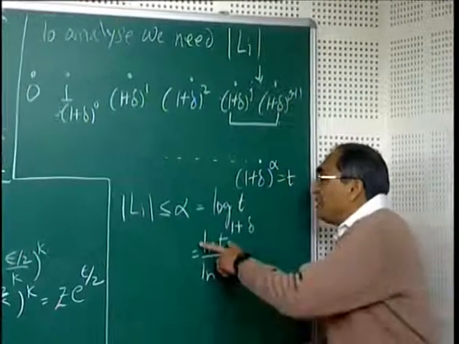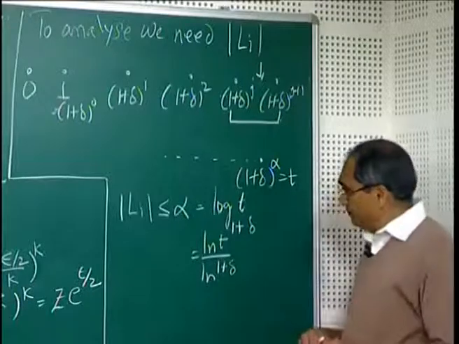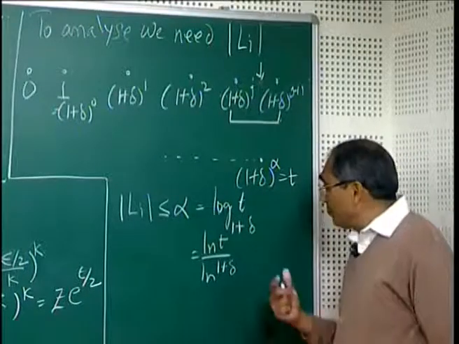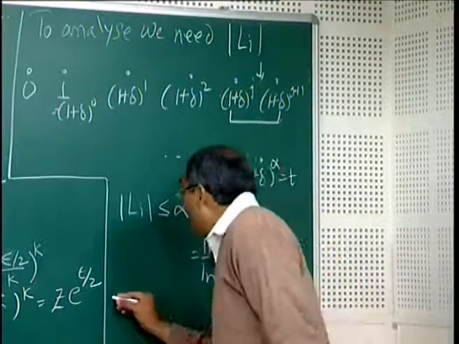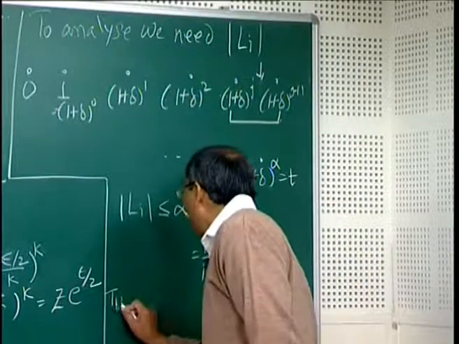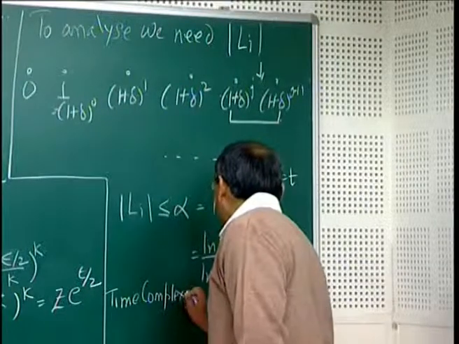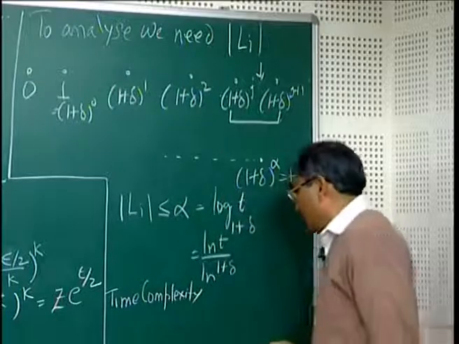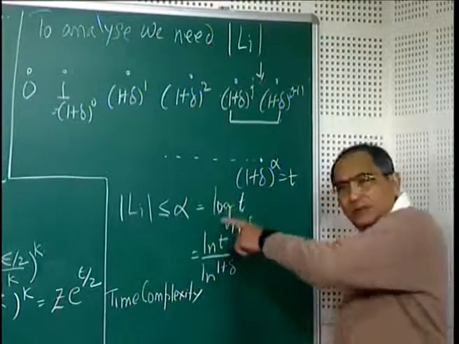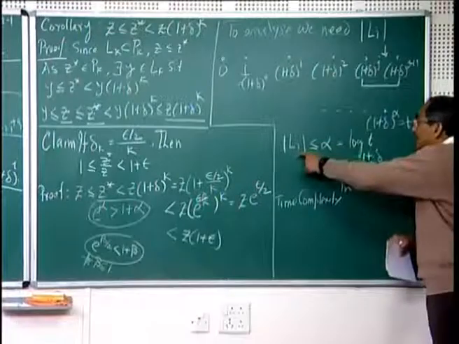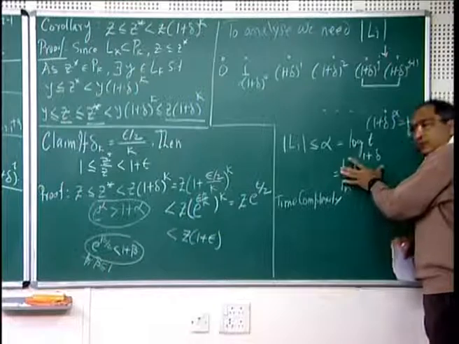So, we are now dealing with a number of the order of the input size, which is important. This is a constant. So, the time complexity must be of the order of k times this. Remember, this number is independent of i. So, k times this number.